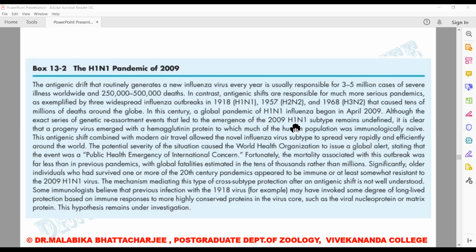The new strains that result from antigenic shift are often referred to as the influenza virus subtypes. So this was the story of influenza virus, because right now we are moving through a history of COVID.